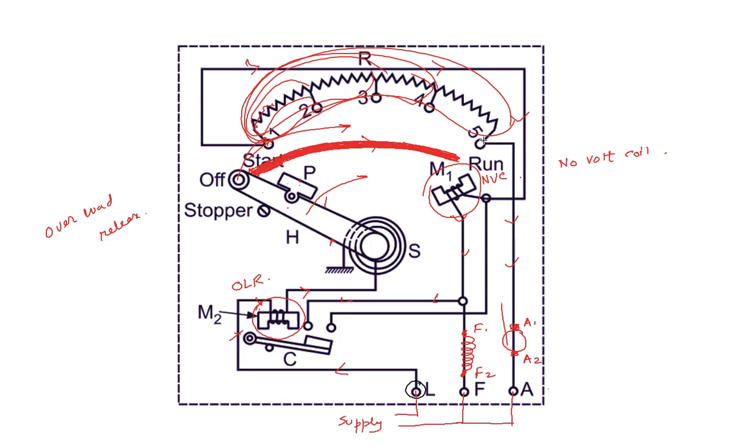Like that, when it is in the fifth position, the entire external resistance is out, but there is no need of external resistance, because at that point Eb is maximum, and as Eb is maximum, no extra current Ia flows through the motor which can damage the motor or harm our human body.